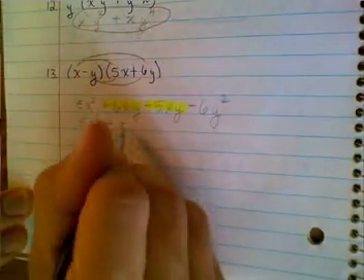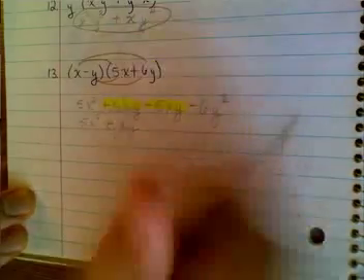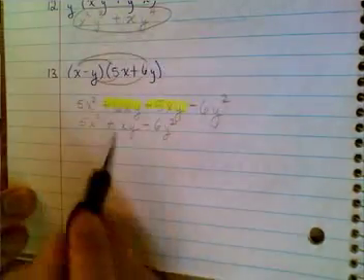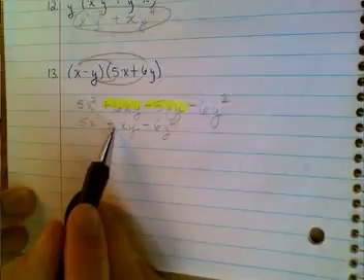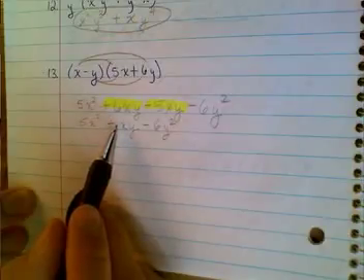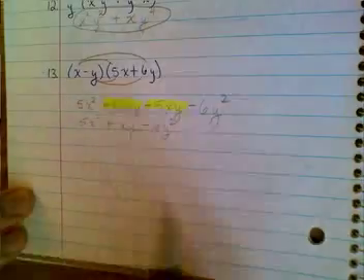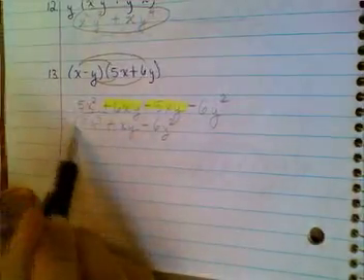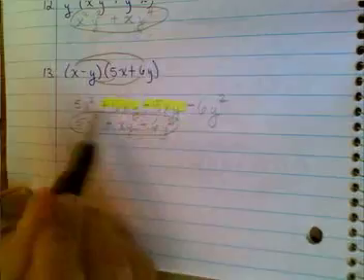So you can just write plus xy minus 6y squared. And again, there's an understood 1 here. Okay, it wouldn't be 0 because if it was 0, we wouldn't have had to write it at all. So this is your final answer for number 13.